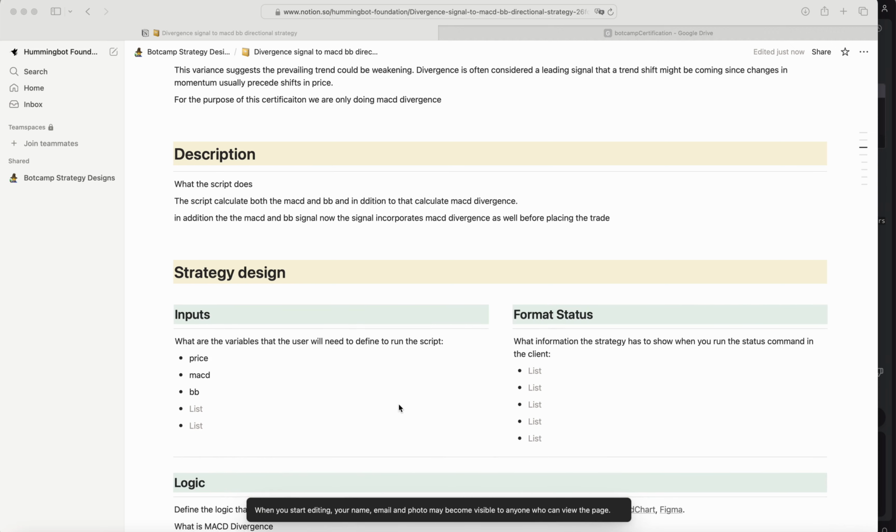So what are the variables that the user will need to run the script? We'll need the price, the MACD, the BB. Price will be there, the MACD and Bollinger Band, there are a few parameters.